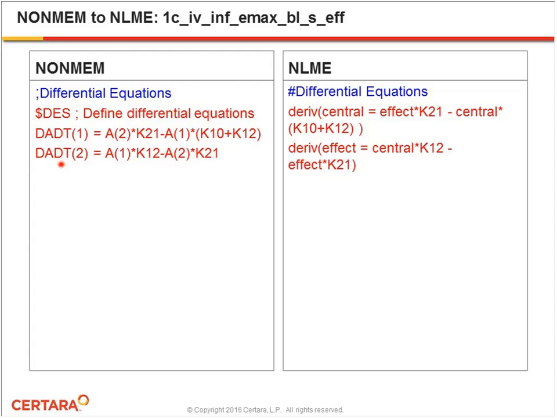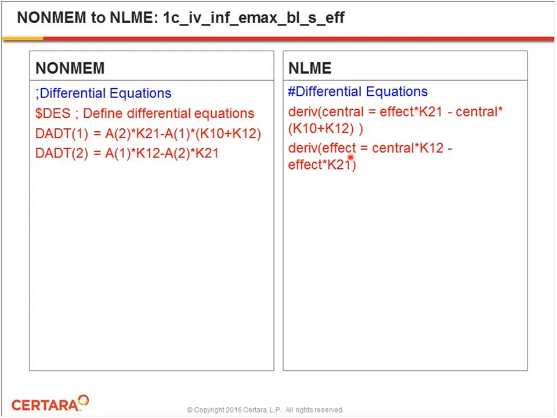Similar to the differential equation for the effect compartment, the second compartment is much like a peripheral compartment, if you will. The effect compartment is just made up by the amount from A1 that is transferred to the effect compartment, minus the other way around, I mean the distribution back to the central compartment.